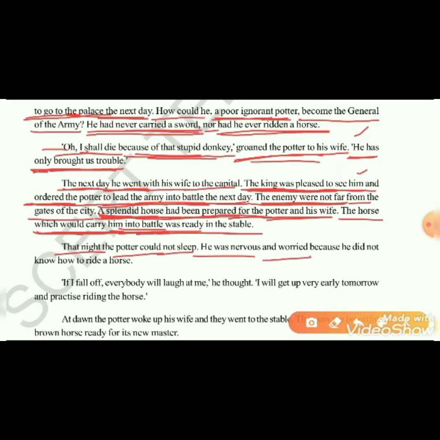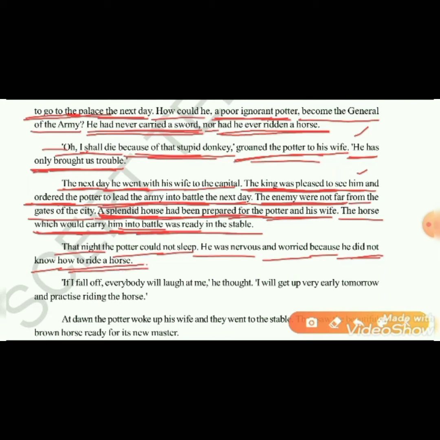He is thinking about the war. He is thinking about the fight. He was nervous. Nervous means he was not calm. He was troubled, worried, because he did not know how to ride a horse.